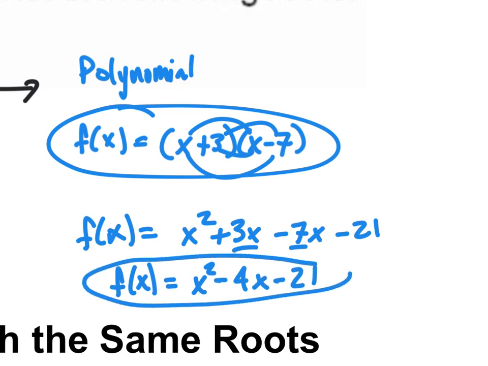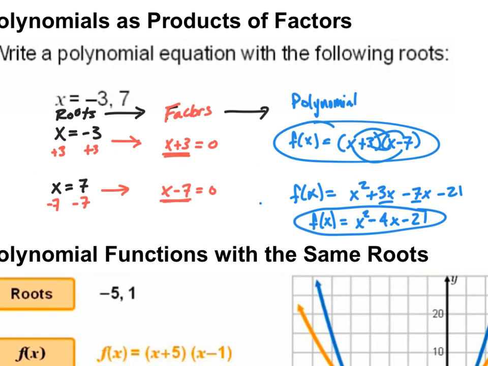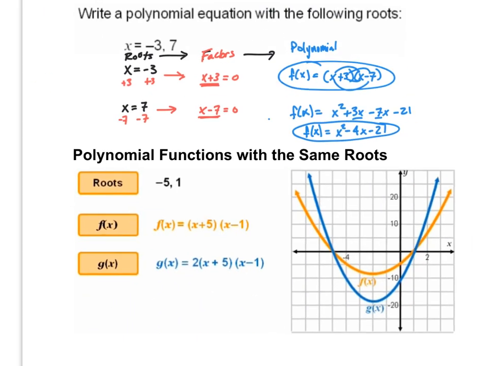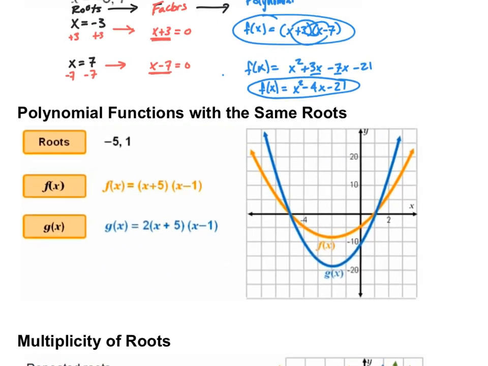So we have our polynomial, and then we have the solutions. Given the solutions, write the polynomial. What we were doing before was taking the polynomial and finding the solutions, so we're going backwards.